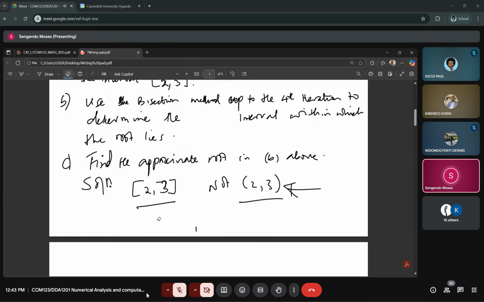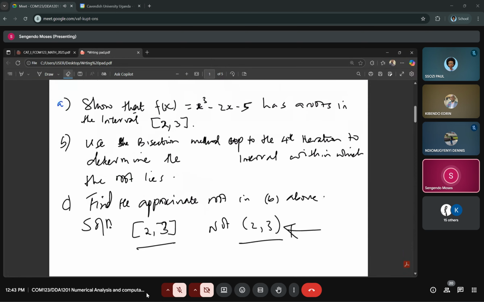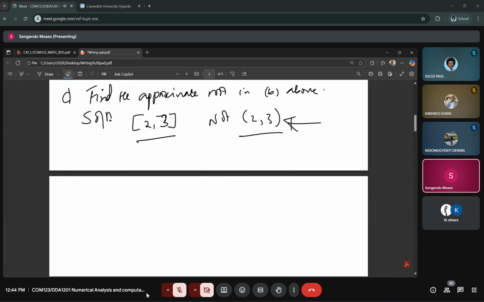So let's do number 1, the first part. We want to show that the root lies between those values. So what do we do? We find f(2).